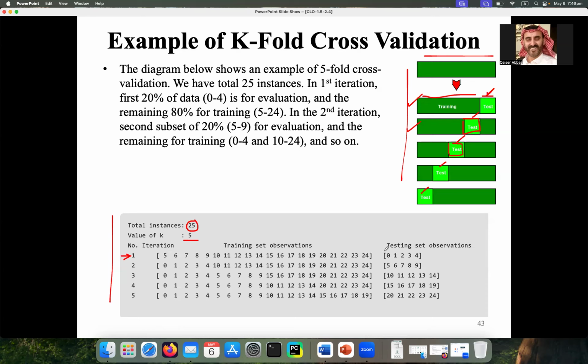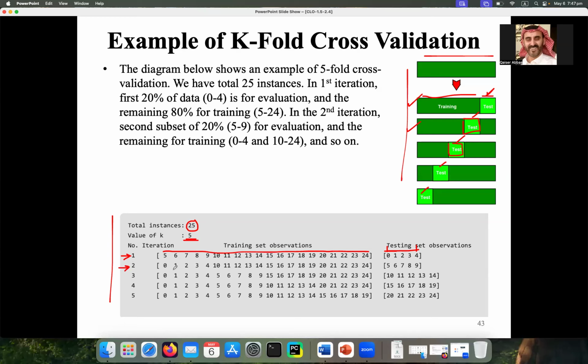Because k is 5, from these 25 you take 0, 1, 2, 3, and 4. This is the first test data, which is examples from 0 to 4, 5 examples. And the remaining, from 5 to 24, are in the training data. This is for the first fold, or first iteration.